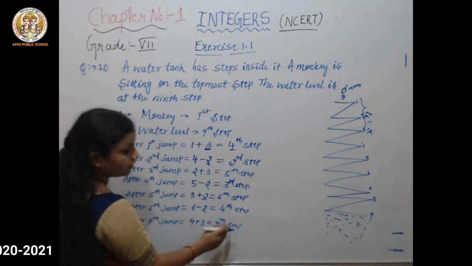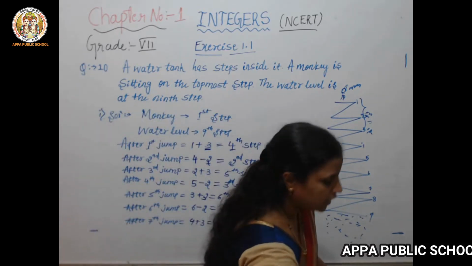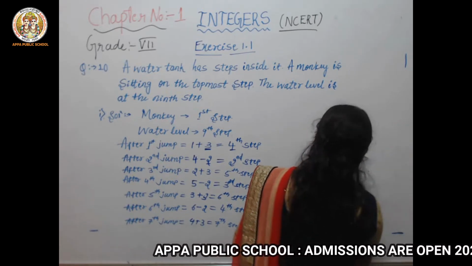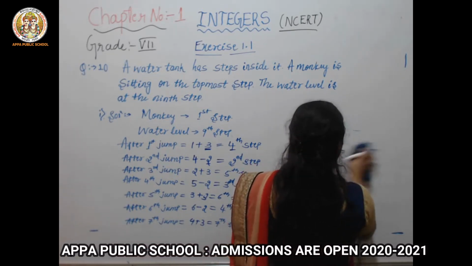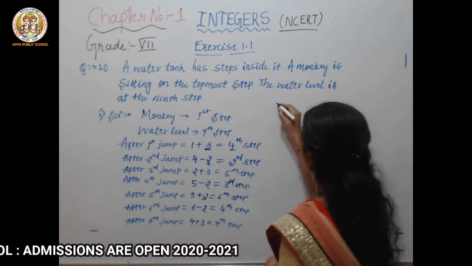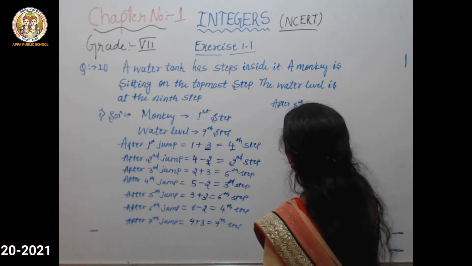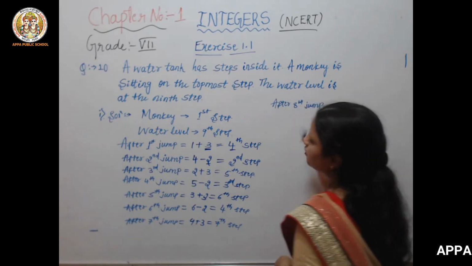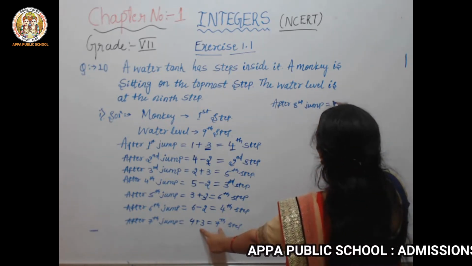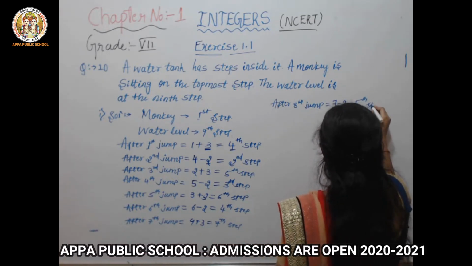What should you get here? The ninth step. After 7. And the next, after the 7th, what are you having? 8. So I will continue here. After the 8th jump, it has plus 3, so the next is minus. 7 minus 2 is the 5th step.